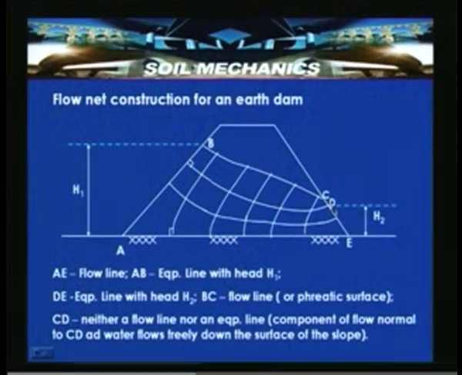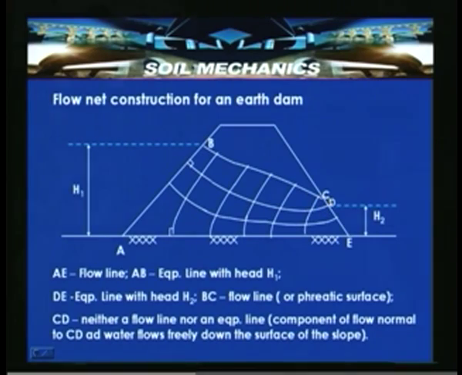If you come to this small stretch which is shown here, the CD, you will see that it is neither a flow line nor an equipotential line, because a component of flow normal to the CD exists and water flows freely down the surface of the slope. There is a component of flow down the slope, and there is also a flow normal to the CD.